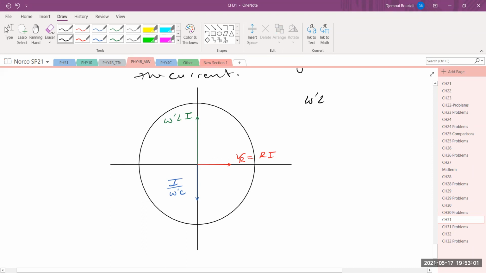So if omega prime times L is bigger than 1 over omega prime C, in this case, we have what is called an inductive circuit. Now, there is another possibility when omega prime times L is less than 1 over omega prime C, and in this case, we have a capacitive circuit.